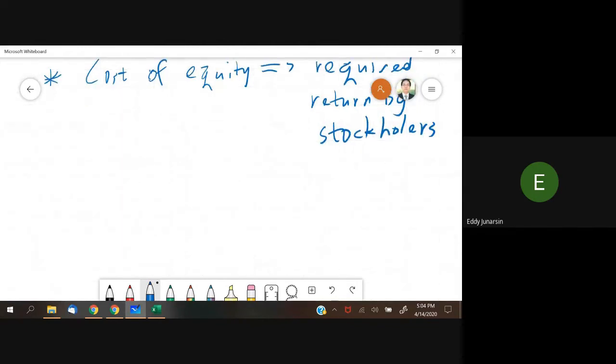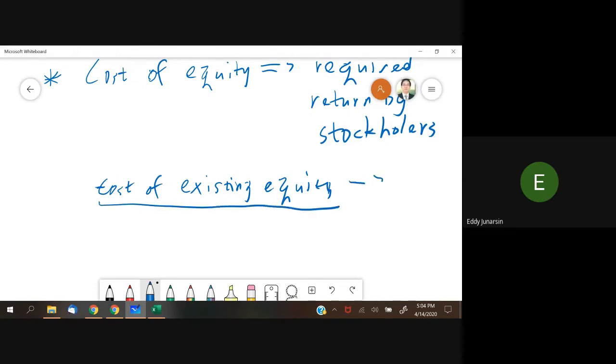So now if we want to go into the details, the first type of it is the cost of existing equity, or in other words, you can also call this one the cost of using your savings, right?